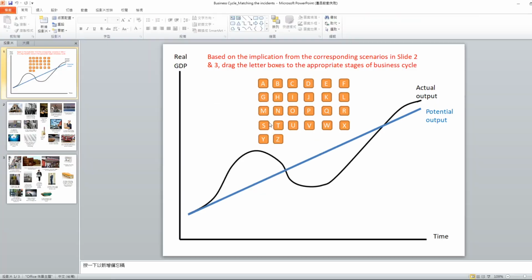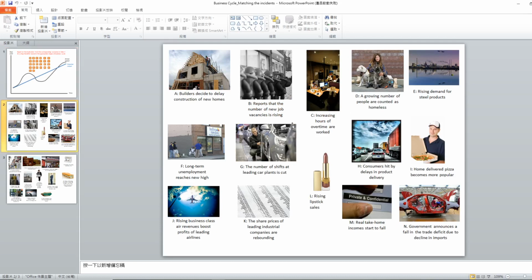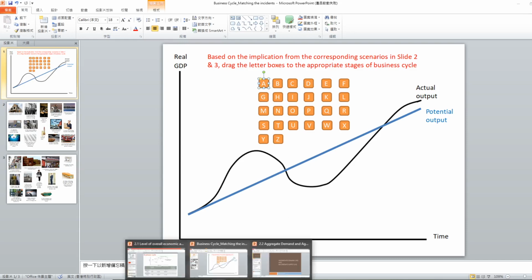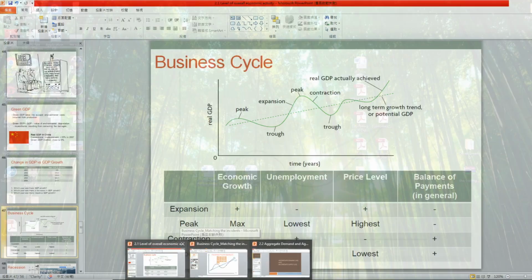It's a very quick homework. You go through all the scenarios here and you just drag the boxes and put them somewhere along the business cycle. That's all. So this is one homework, and it should be very quick.